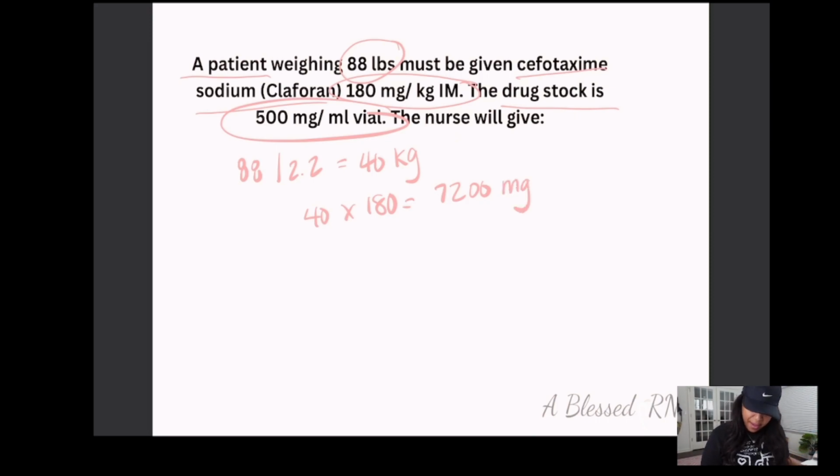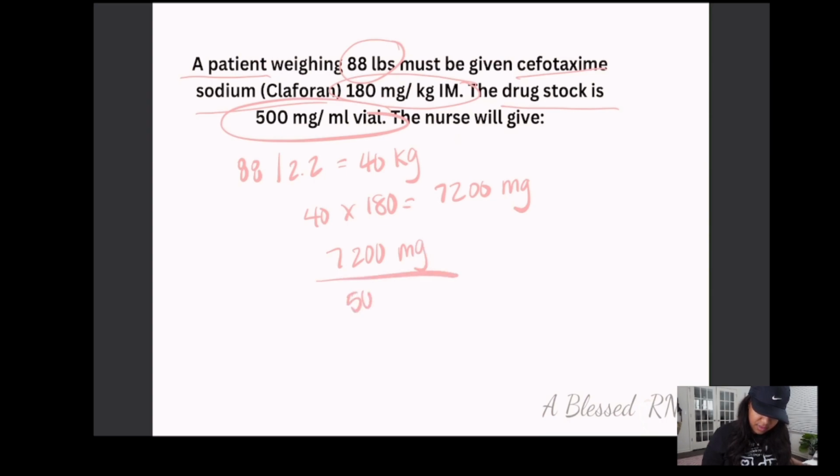And so now the drug is stocked as such. So we should do our desired over have model formula. I guess it would be appropriate to call it a formula because it is a formula. This is how much we are desiring.